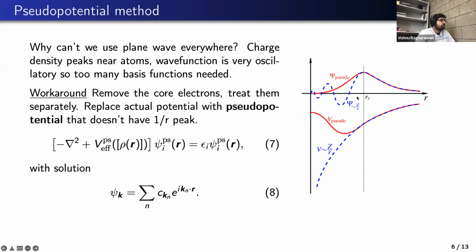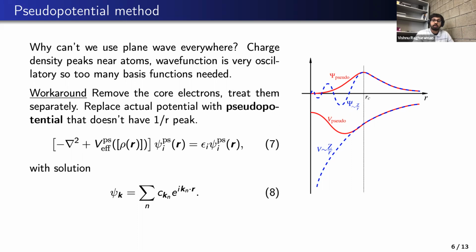So basically the idea with the pseudo-potential is to not deal with the core electrons. You construct a sort of fictitious potential that is meant only to deal with your valence states, and you deal with the core electrons separately and store them elsewhere.